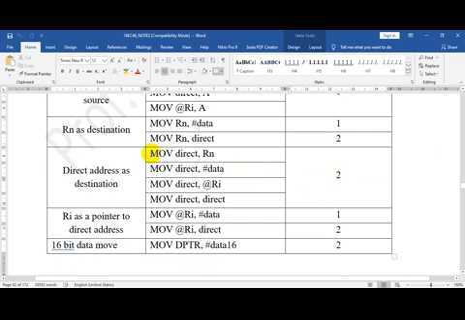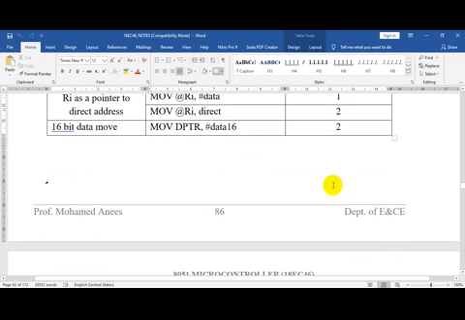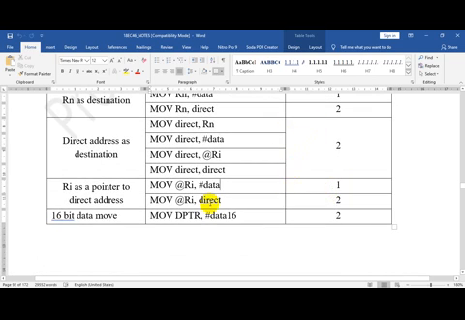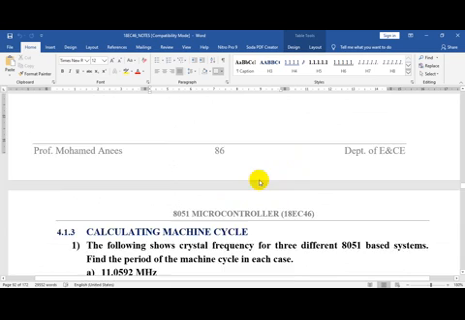Similarly, whenever memory is involved, it takes 2 machine cycles. So these few you remember. Even if you don't remember all these things, at least remember those used in the examples I discuss now while calculating the delay. This was for your reference.